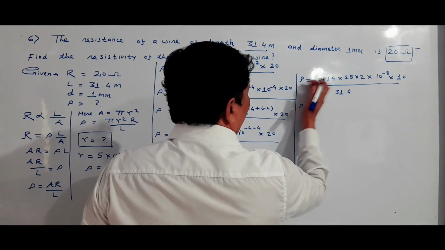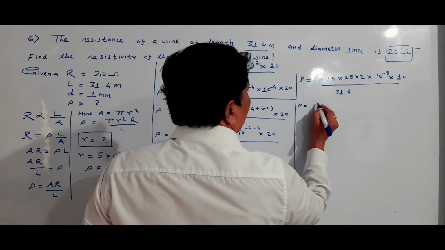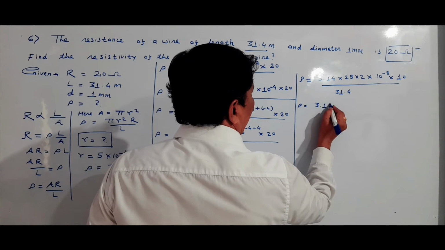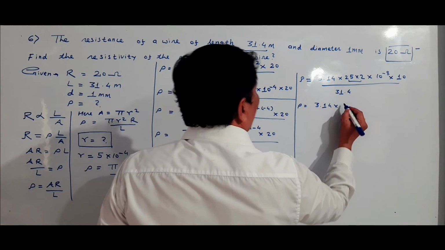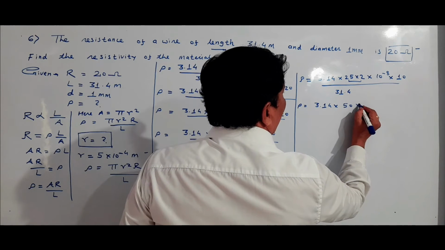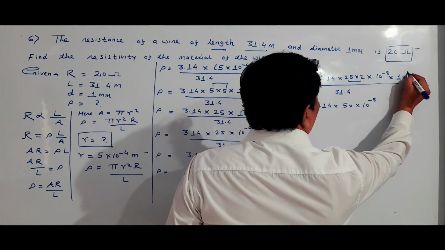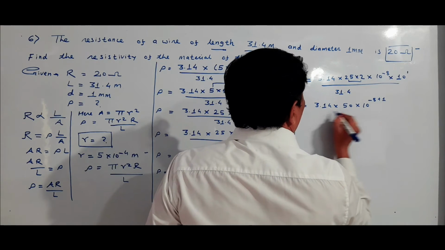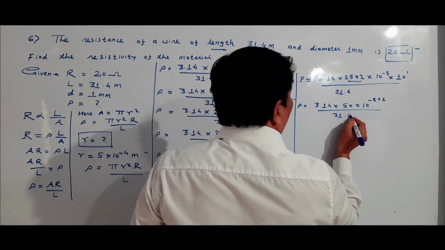So resistivity of a material is equal to 3.14 into 25 into 2, 50 into 10 to the power minus 8 plus 1 upon 31.4.